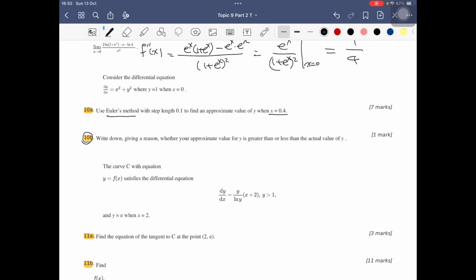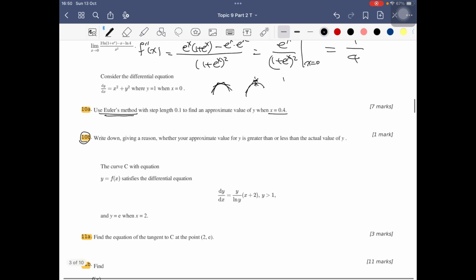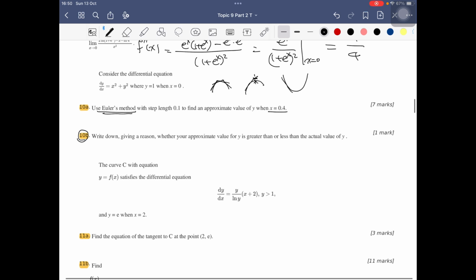If the curve is concave down, then because the Euler method is based on the tangent equation, the tangent is always above the curve. So whatever we find through the tangent is always an overestimate of the actual value. But when it is concave up, whatever we estimate through the tangent is always an underestimate of the real value.